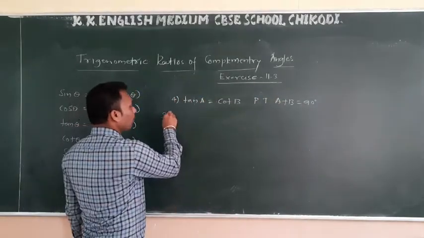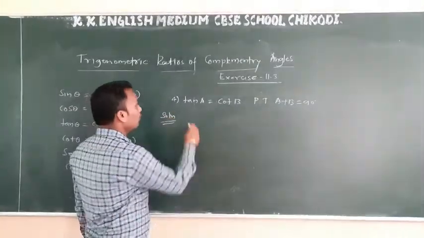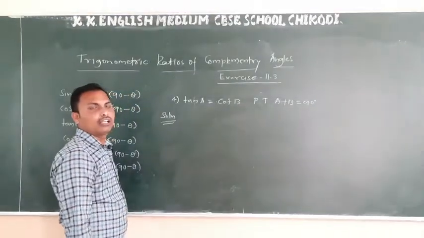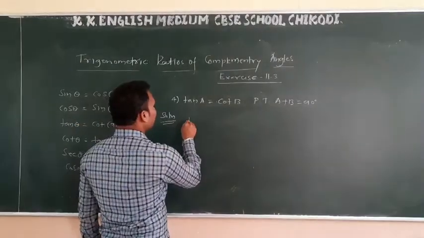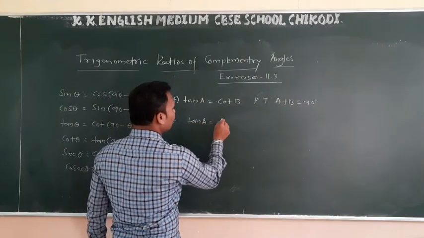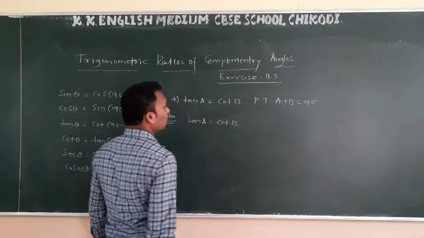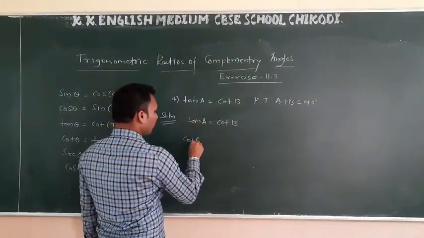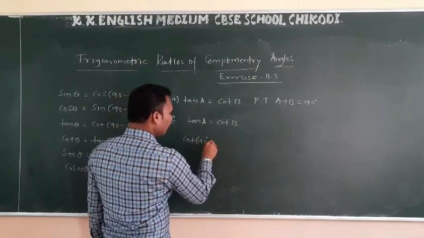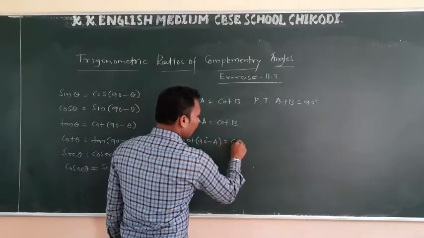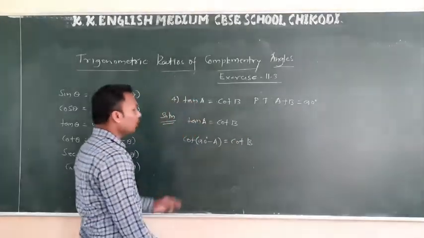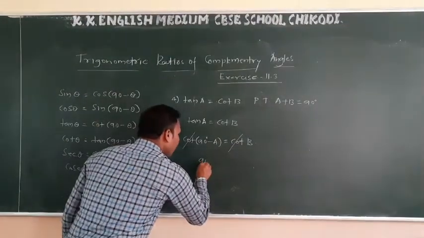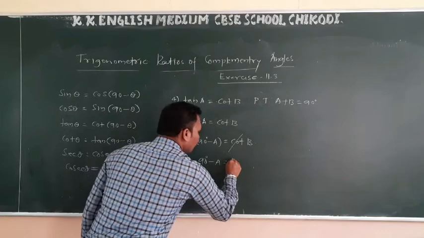Solution for this question. Tan of a is equal to cot of b is given, and what we need to prove is a plus b is equal to 90. It is very simple. First of all, write tan of a is equal to cot of b. Now convert any one, so let me convert tan into cot of 90 degree minus a is equal to cot of b. Now cot gets cancelled. Remaining is 90 degree minus a is equal to b.